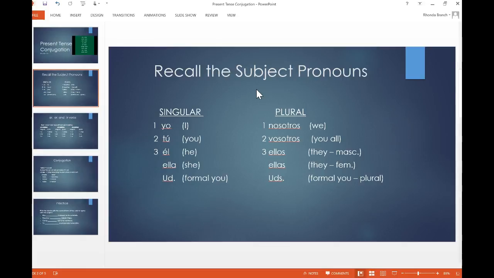On the plural side, we have we, you all, and they for the most part. In Spanish, it looks like this: yo, tú, él, ella, usted, nosotros, vosotros, ellos, ellas, ustedes. It is very important to know that yo falls in first person singular. It can't be third person plural. They have to fall in their respective places. This is the only way that you can make your subjects and your verbs agree.